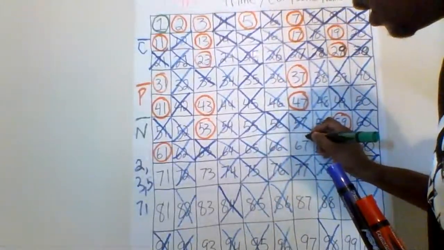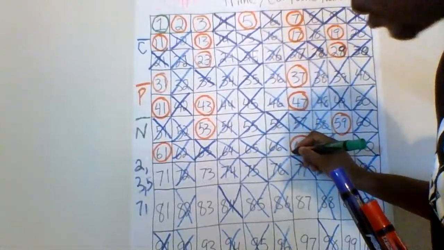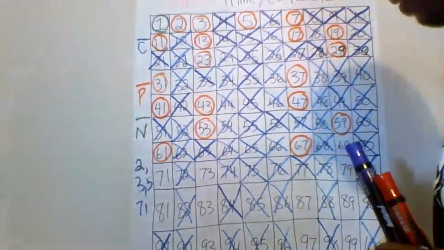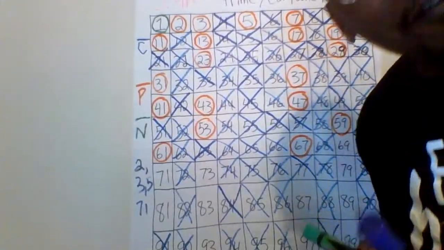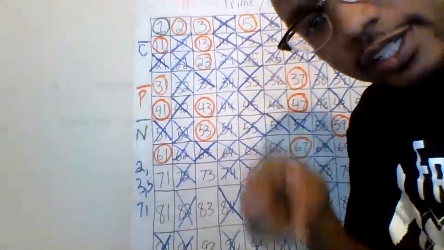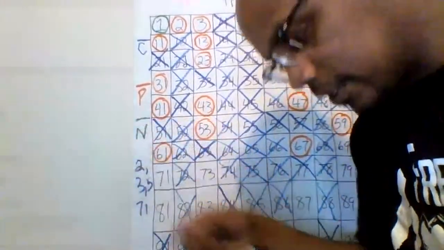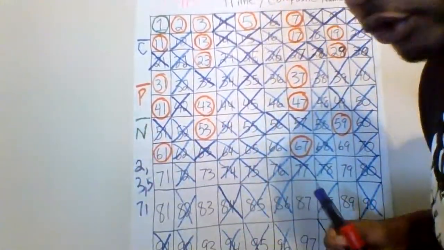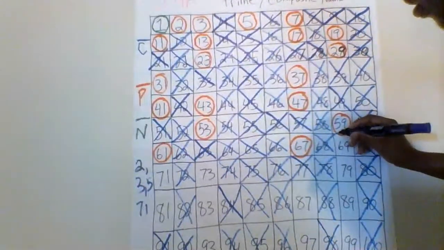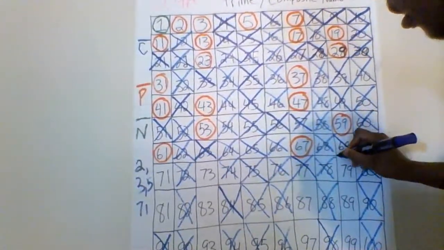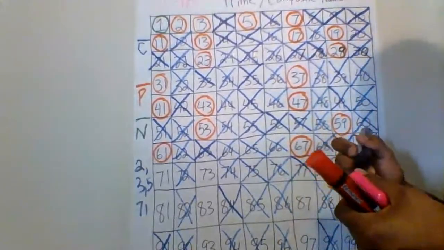So 67 is prime. 69. 6 plus 9 is 15. 3, 6, 9, 12, 15. So I can skip count by 3. So the rule of 3 works. And if the rule works, it's composite. So 69 is composite.